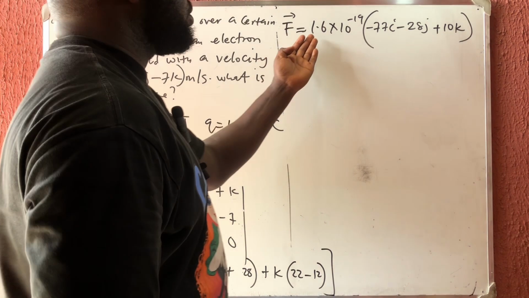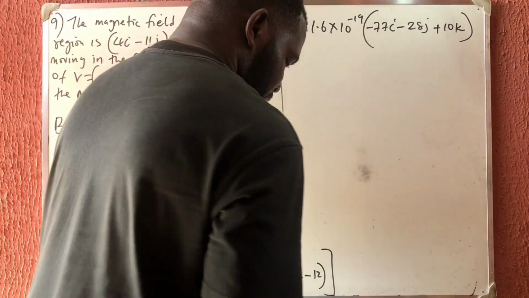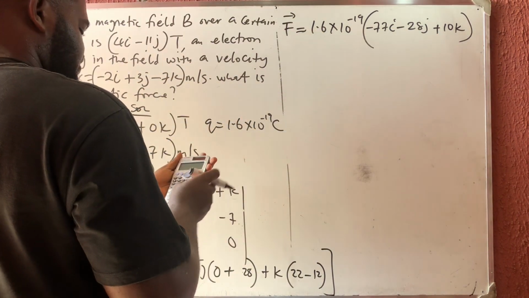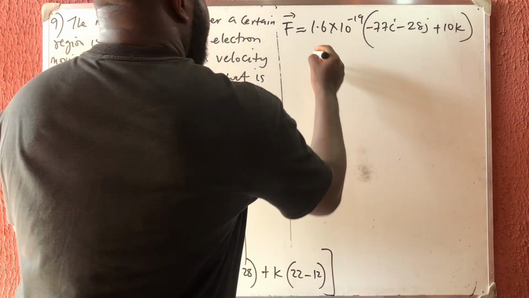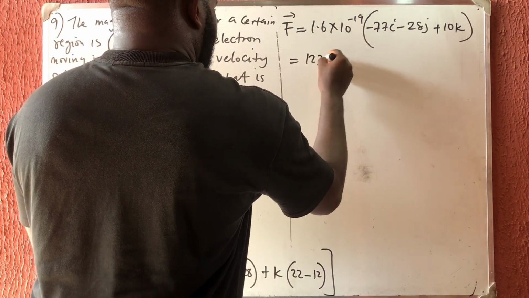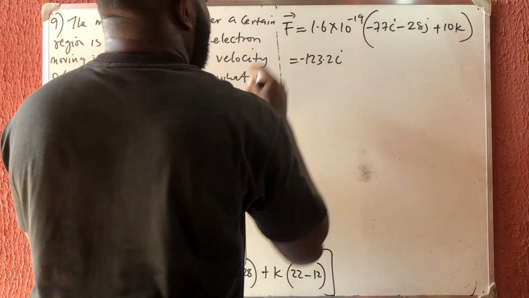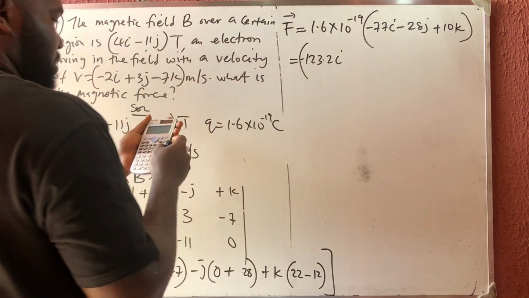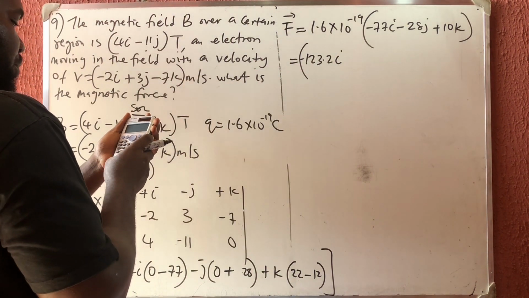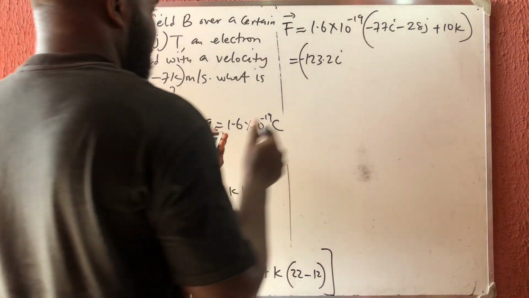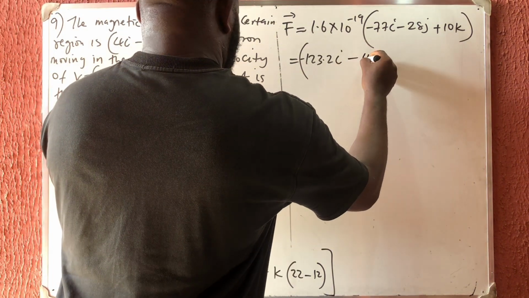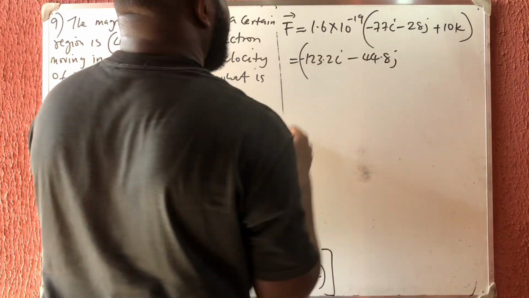You can decide to use 1.6 to multiply everybody. So let us do that. 77 times 1.6, this is going to be minus 123.2i. Then 1.6 times 28, so I'm having minus 44.8j.